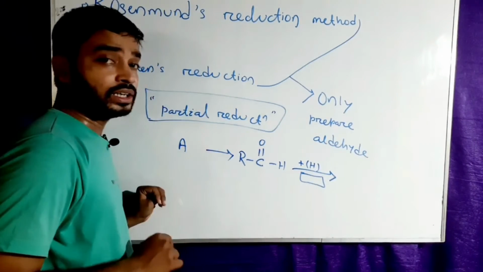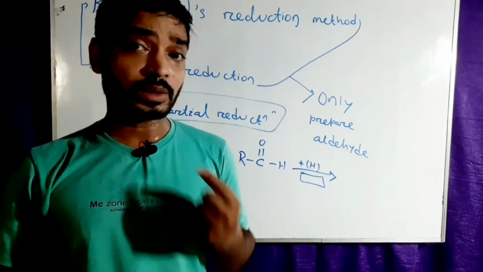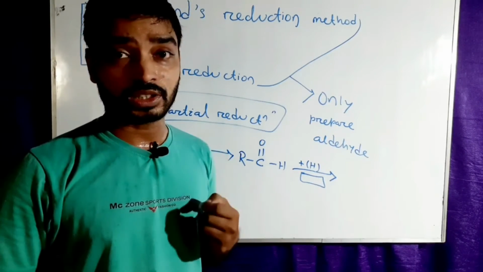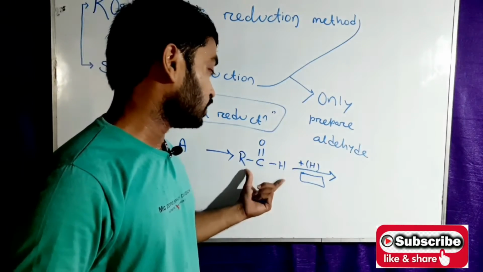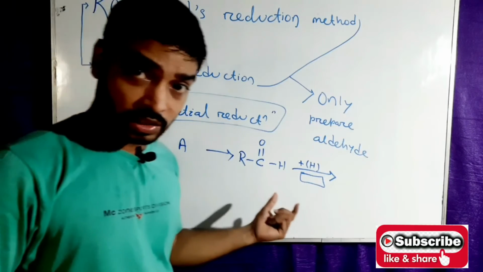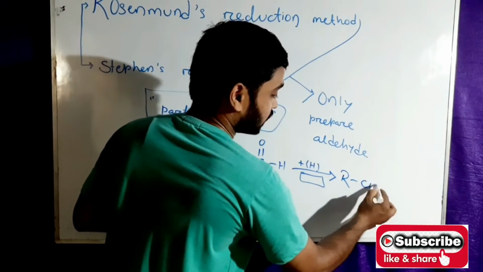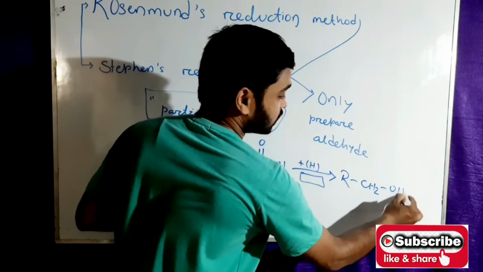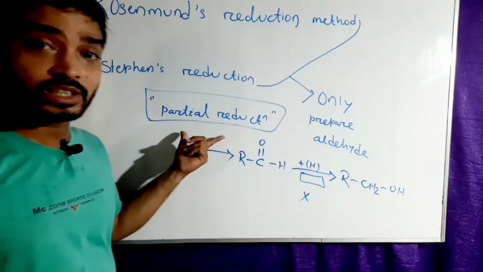We know from previous classes that primary alcohol upon oxidation and dehydrogenation releases aldehyde. So aldehyde upon reduction will result in the formation of alcohol, that means RCH2OH, but this process will not happen here because partial reduction will occur.